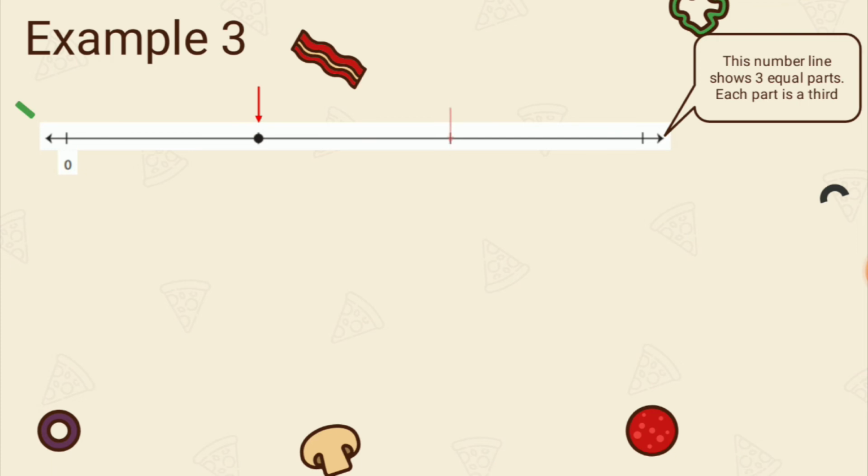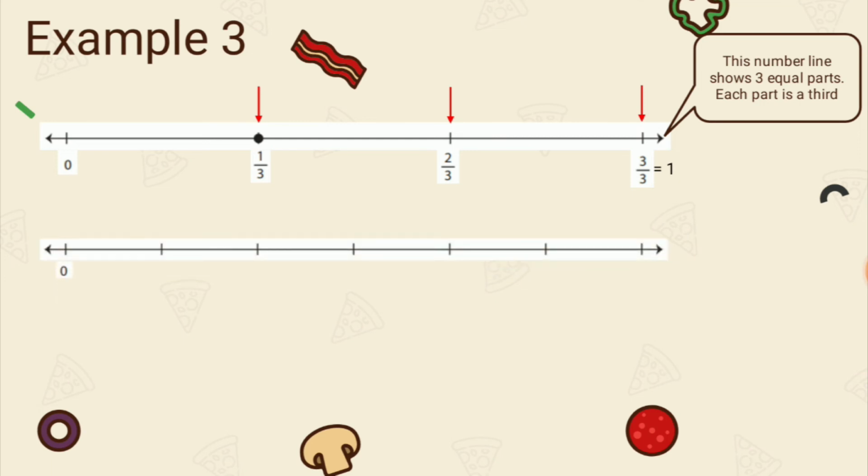This and this and this. The first is 1/3, 2/3, 3/3. So 3/3 is equivalent to 1.